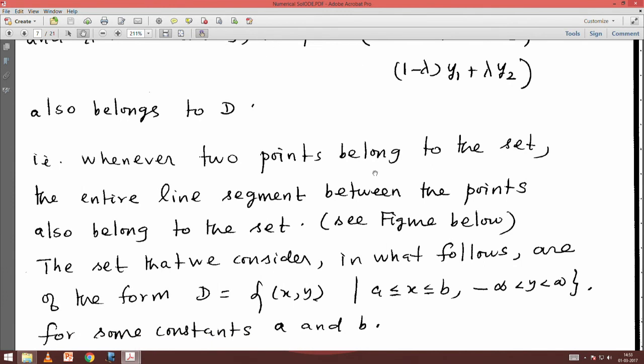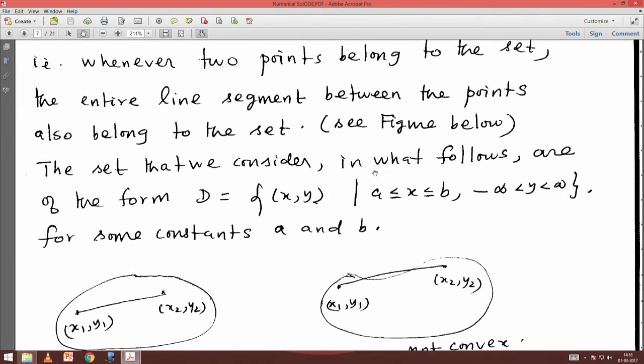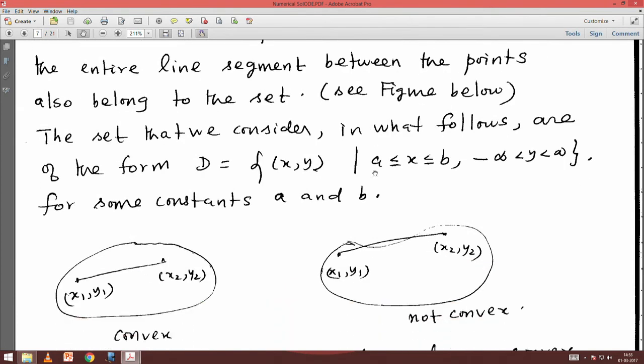What does that mean? Whenever 2 points (x1, y1) and (x2, y2) lie inside D, a line segment joining (x1, y1) and (x2, y2) is considered, then every point on this line segment also will lie within D. So, just look at this figure that has been given.